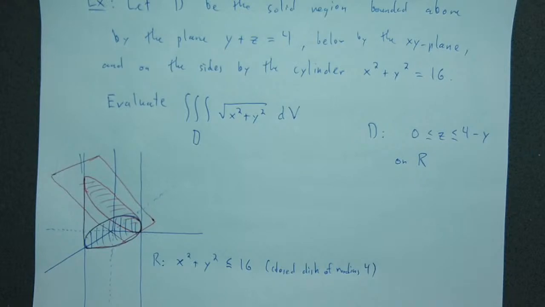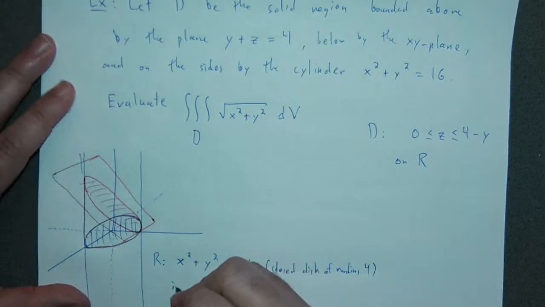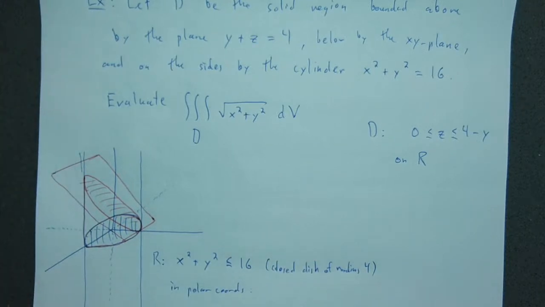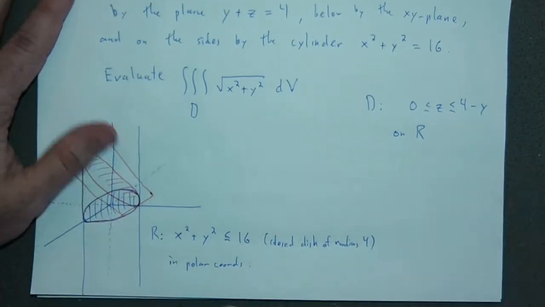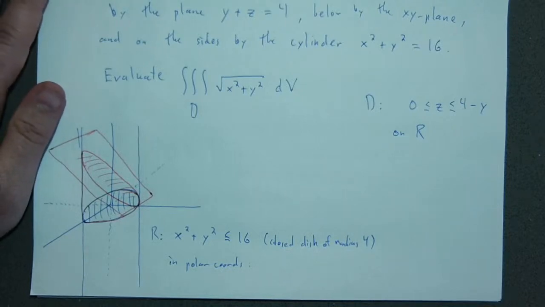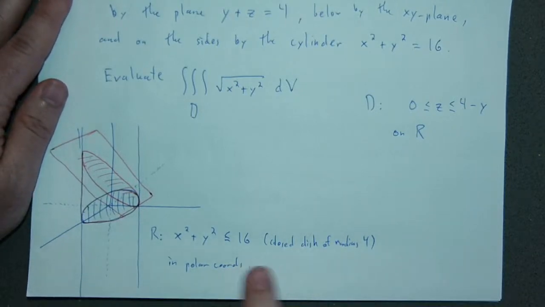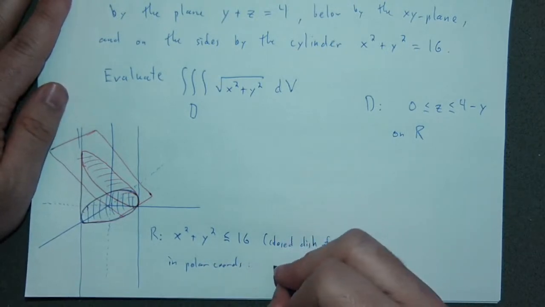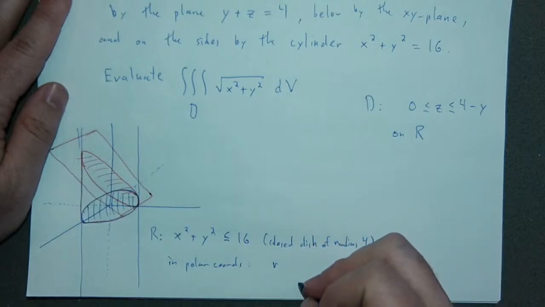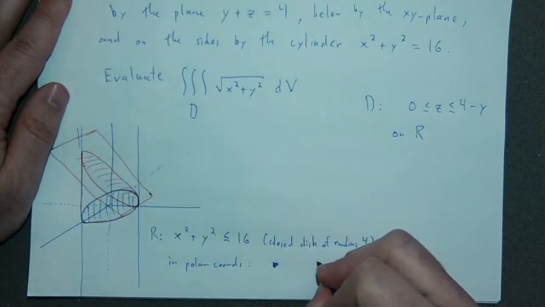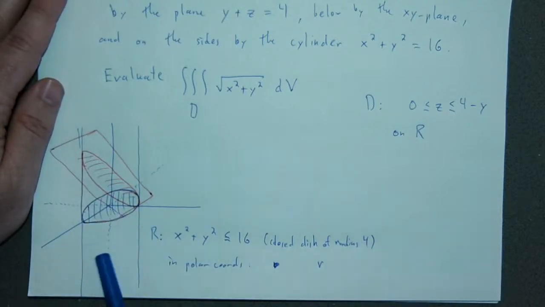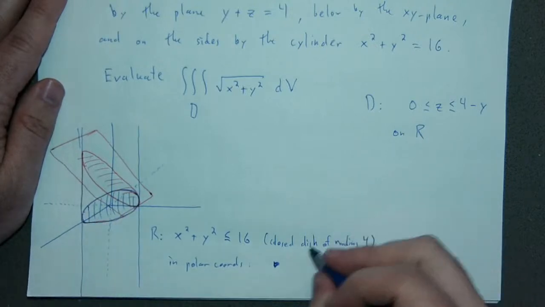All right. So is there a nice way of putting this in polar coordinates? In polar coordinates, how do I describe R? R is all of the points inside a circle of radius 4.